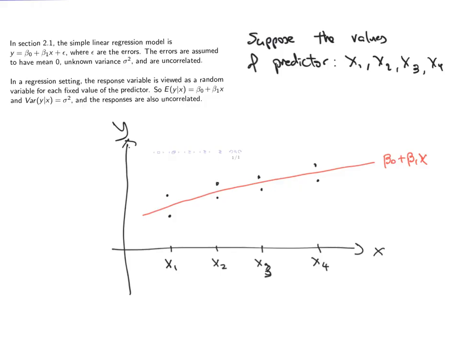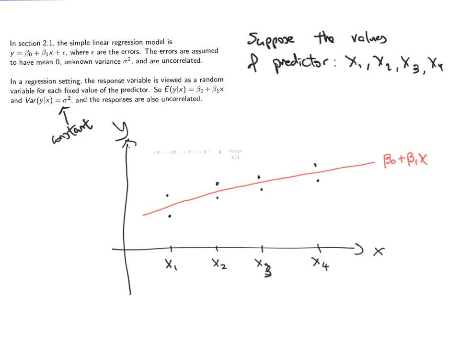Now the second assumption talks about the variance being equal to sigma square, and we said that the variance for each value of the x variable is equal to sigma square. The main thing is that this variance, sigma square, is a constant value. It's not a function of my x variable, it's constant. So this means the vertical spread of my data points for each value of my x variable will be constant, and it's given by sigma square.